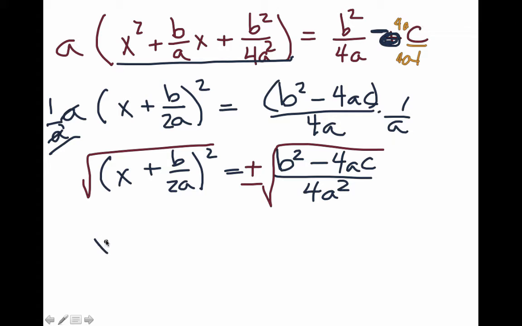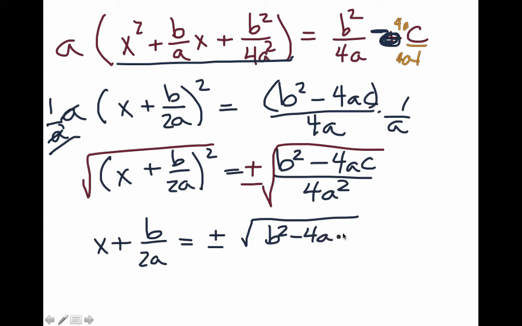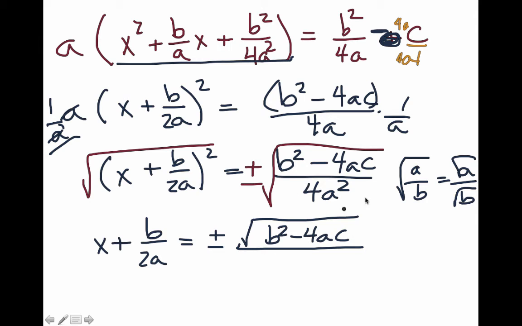So now I'm at x plus b over 2a equals plus or minus the square root of that numerator, b squared minus 4ac, divided by the square root of the denominator, the square root of a fraction. The square root of a over b is equal to the square root of a divided by the square root of b. The reason I'm splitting it is this denominator I can actually take the square root of.